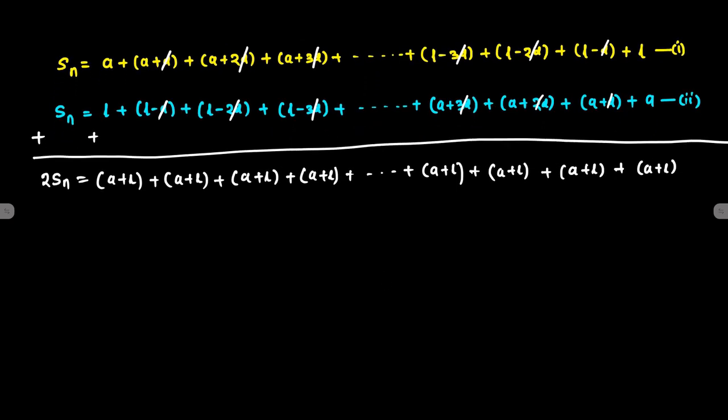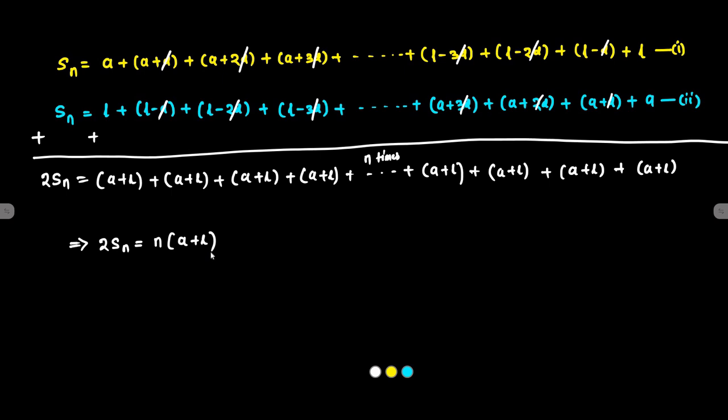Let me write on the top of the dot, n times this addition happens. So we can write it as, that implies 2Sn is equal to n into A plus L, that is the sum of the first term and the last term.